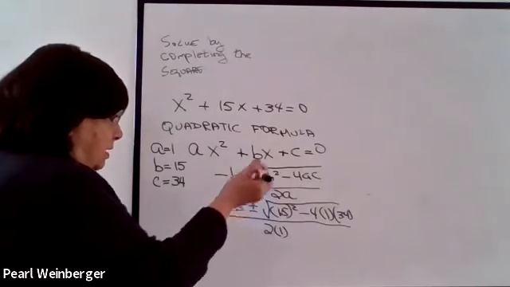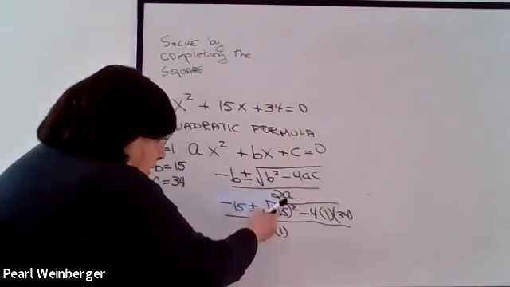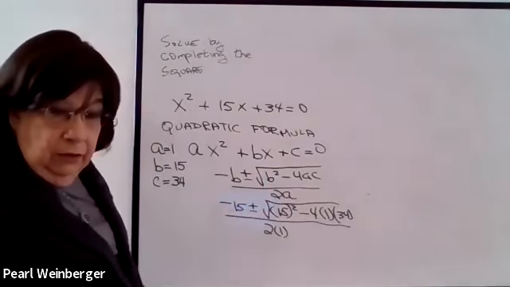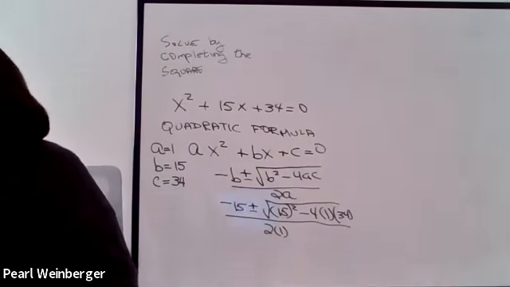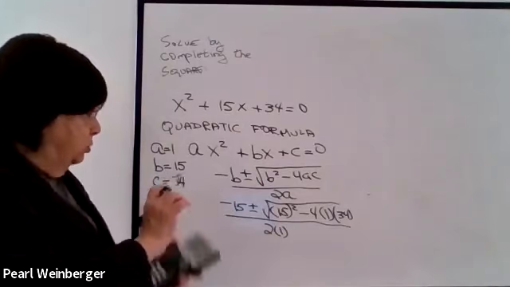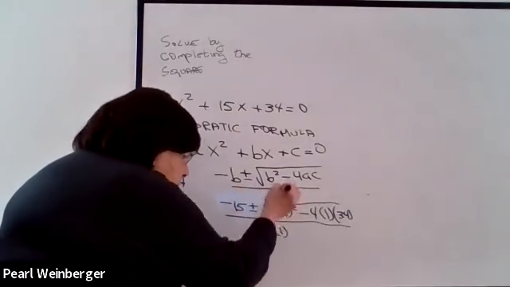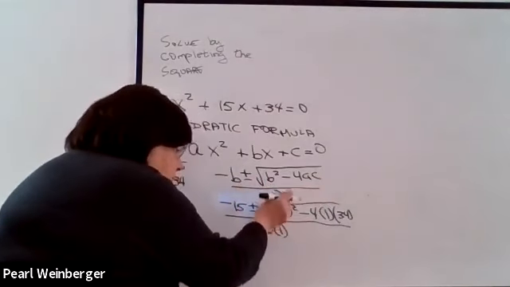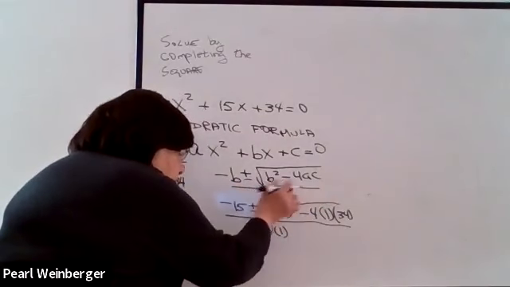So let's see how that works out. I'm first going to figure this out. So 15 squared, and I'm going to use my calculator to help me. 15 squared is 225. I'm just going to move this up a little bit.